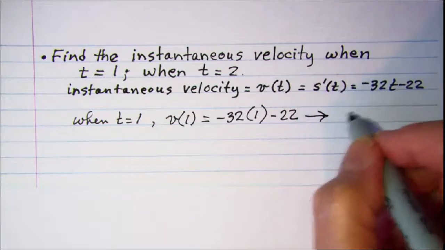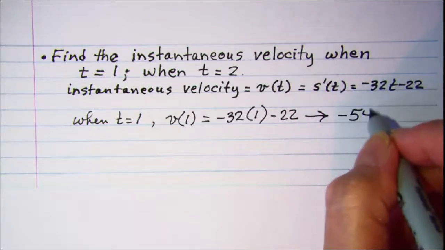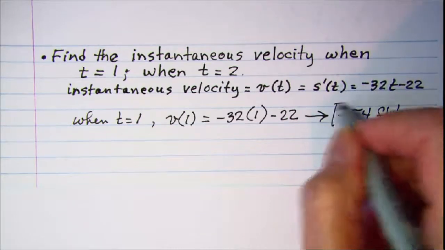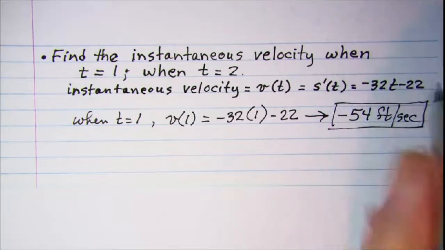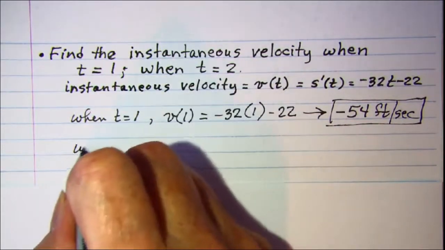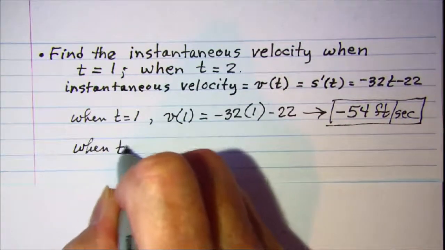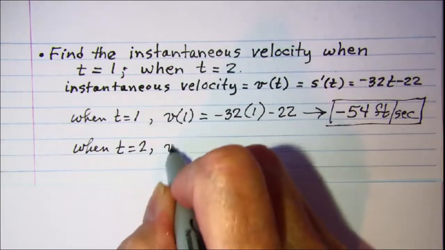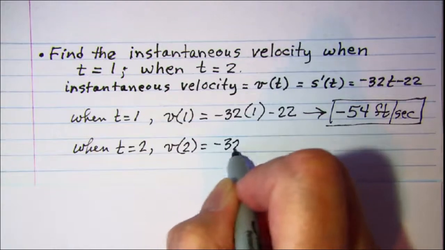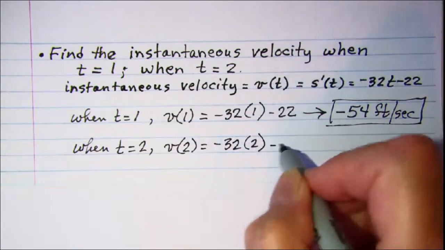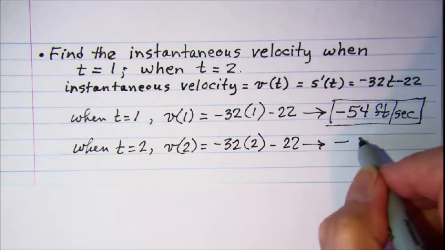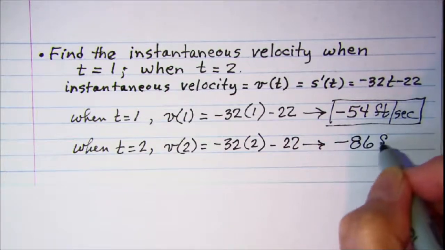This is a negative 54 feet per second. And when t equals 2, v of 2 is a negative 32 times 2 minus 22, which is a negative 86 feet per second.